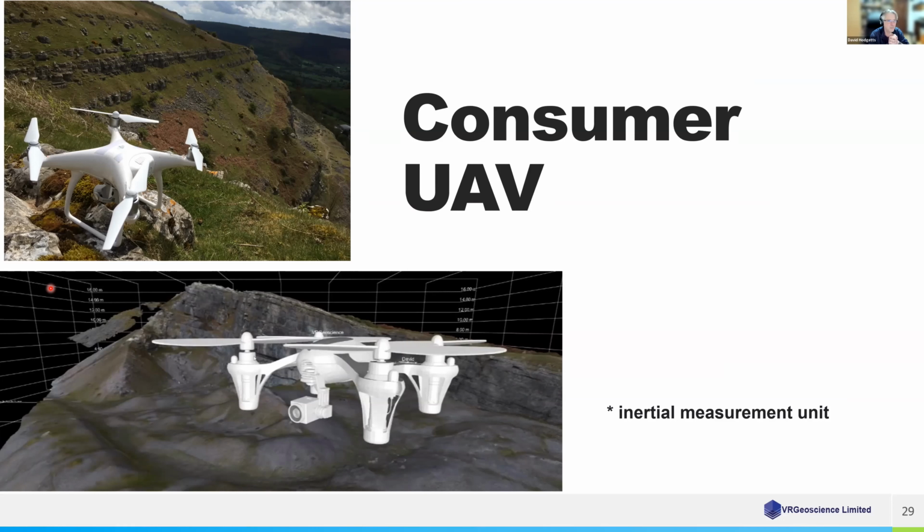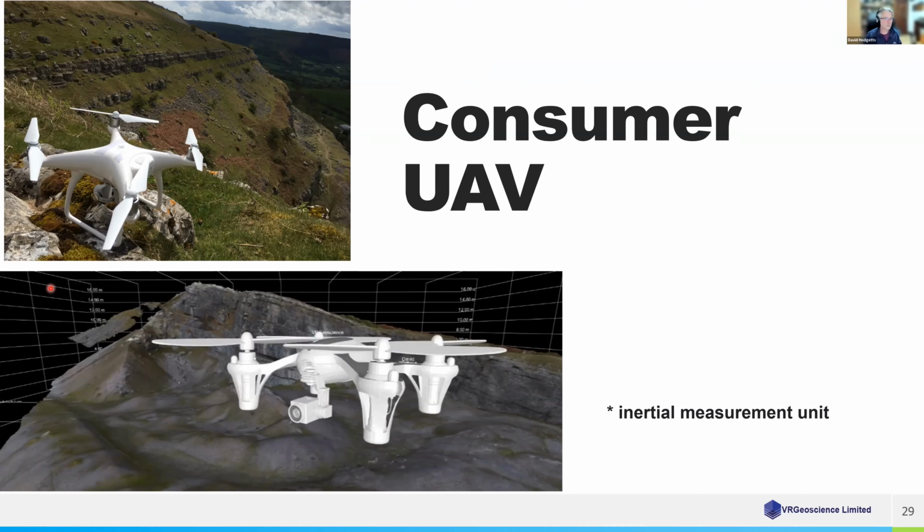A lot of people just use them for taking nice movies and a few photographs, but with a little bit of effort, you can actually use them to generate some really high quality and very nice photogrammetric models. The consumer UAVs that we have now are really good for collecting this kind of data.